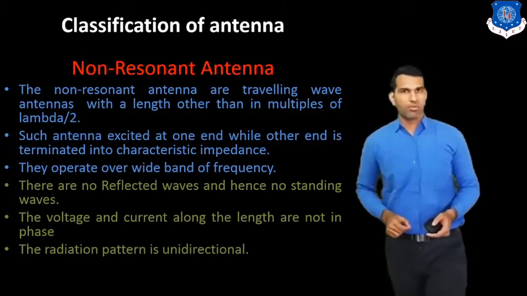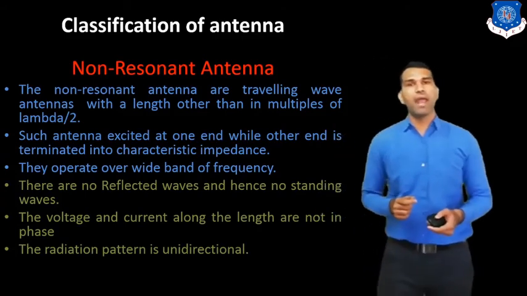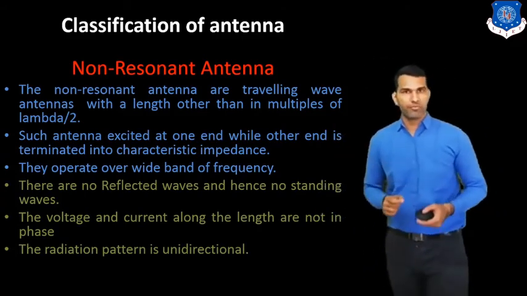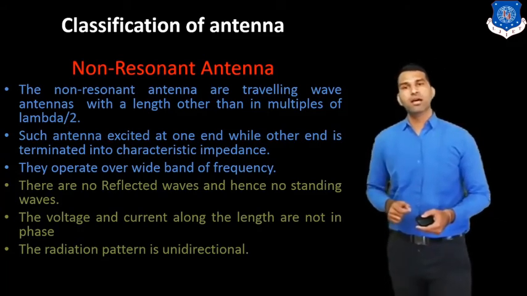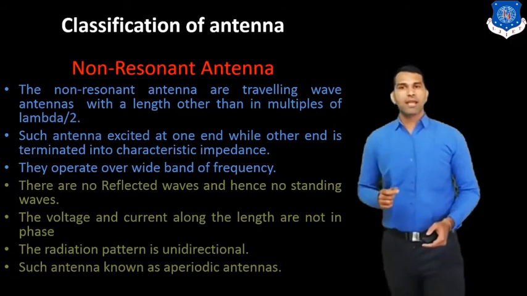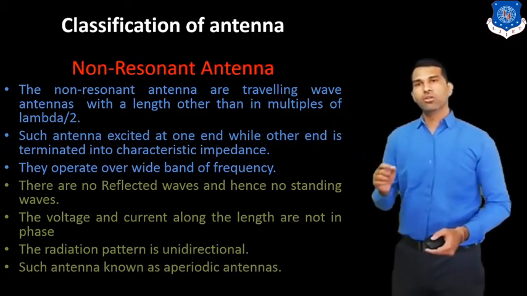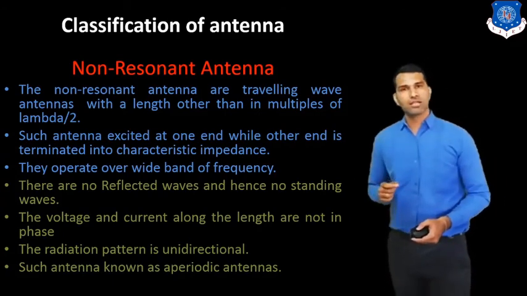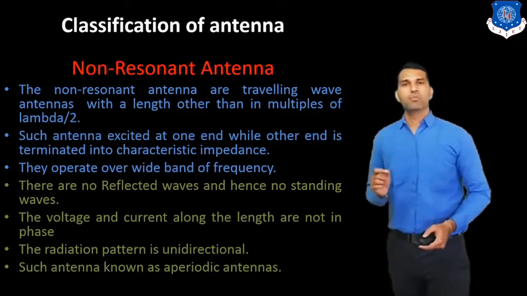In the resonant antenna, the radiation pattern is directional, but here the radiation pattern of the antenna is unidirectional. And such an antenna is known as the aperiodic antenna. We know that the resonant antenna is known as the periodic antenna, but this antenna is known as the aperiodic antenna.